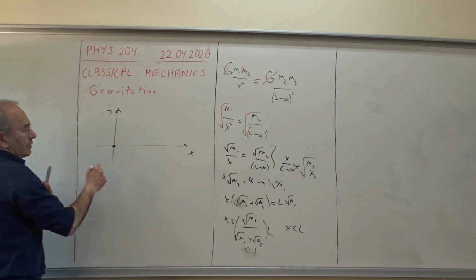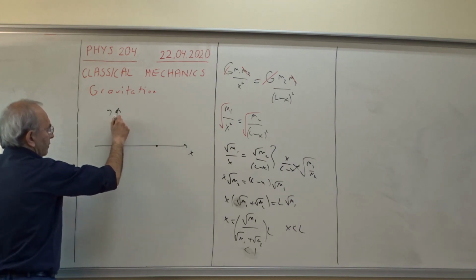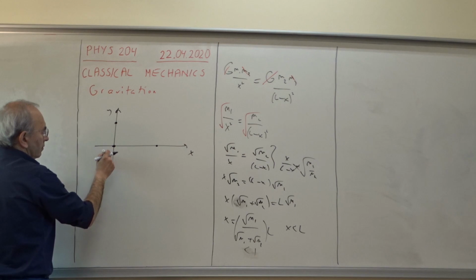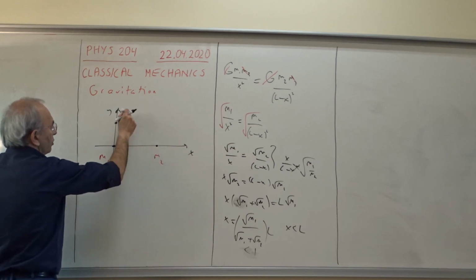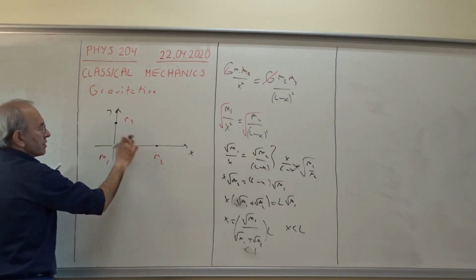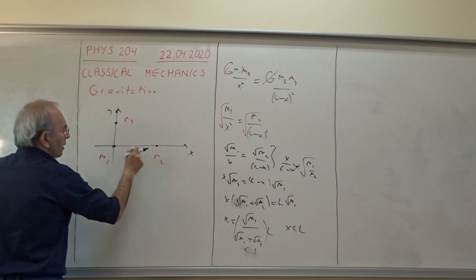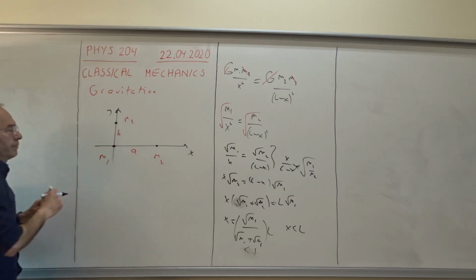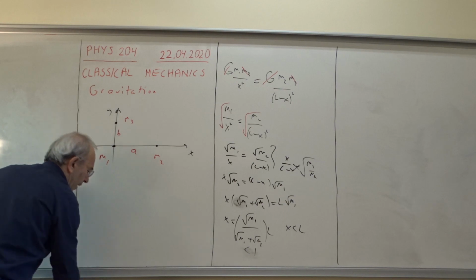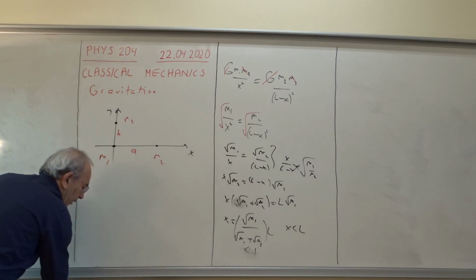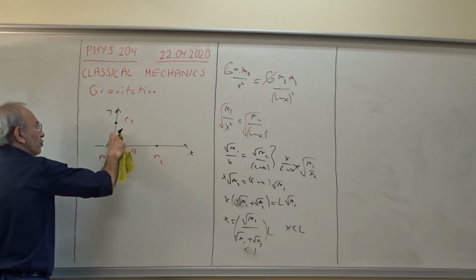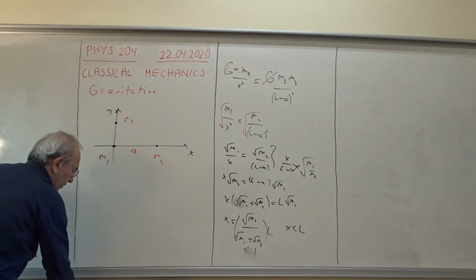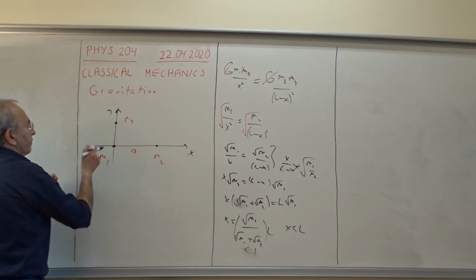So let's say we have 3 objects, mass m1, m2, and m3. And these distances are, let them be a and b, for instance. And we will simply write the net force, the resultant force on m1.